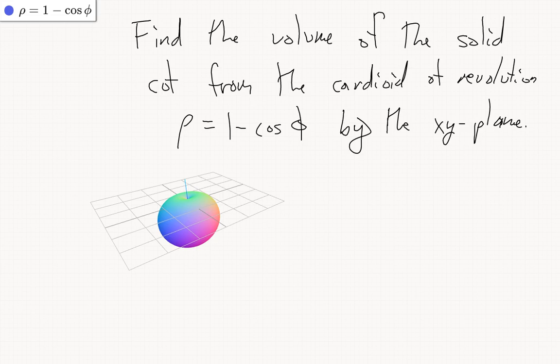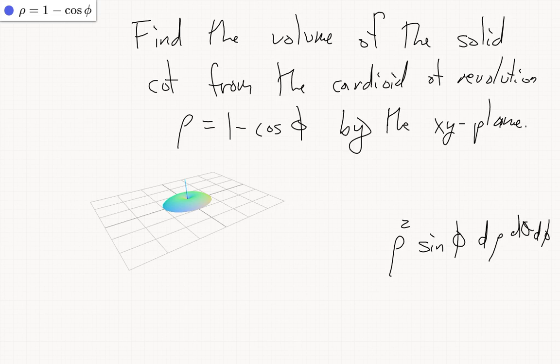So we're only interested in the part of this solid which is above the xy plane. So this looks like a good problem for spherical coordinates. So let's set up rho squared sine of phi, and we'll integrate in the order d rho d theta d phi.